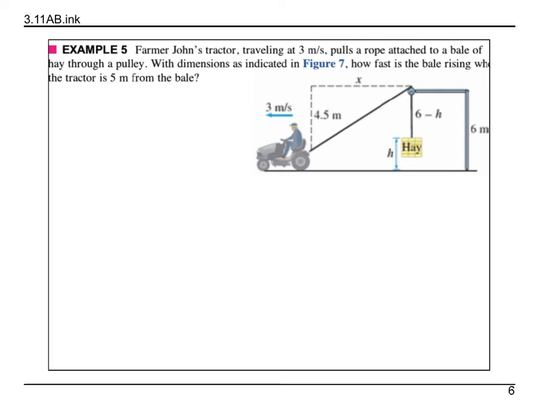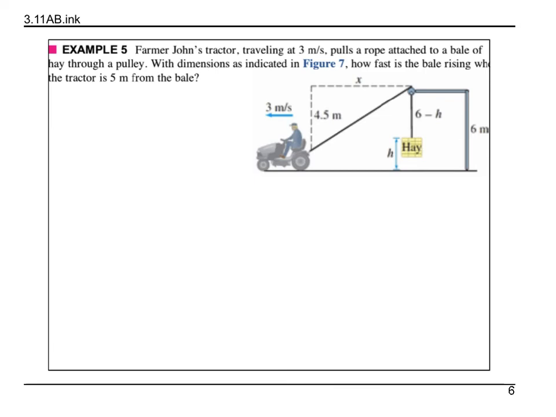And we have a different triangle showing the distance between how the rope attaches to the tractor and the height of the overall pulley system is 4.5, to make a right triangle.